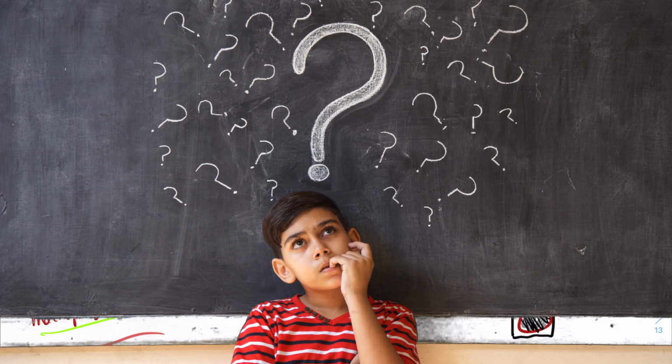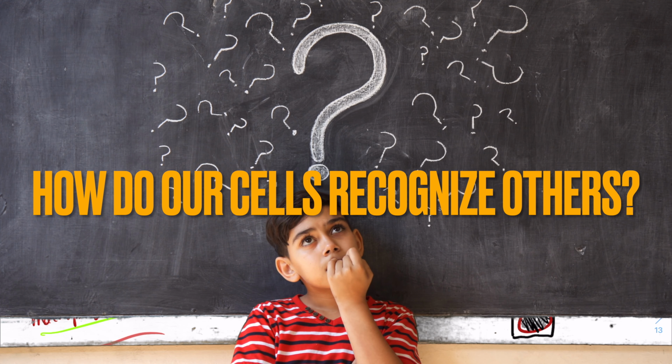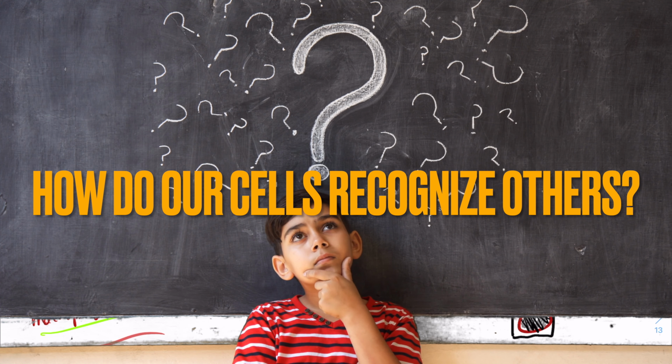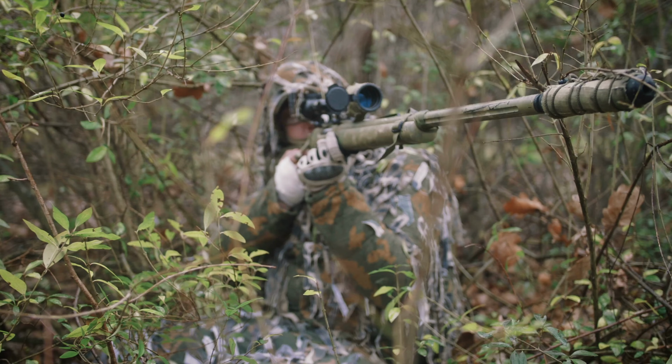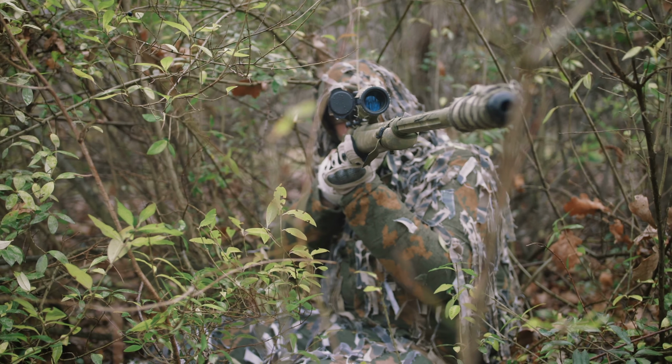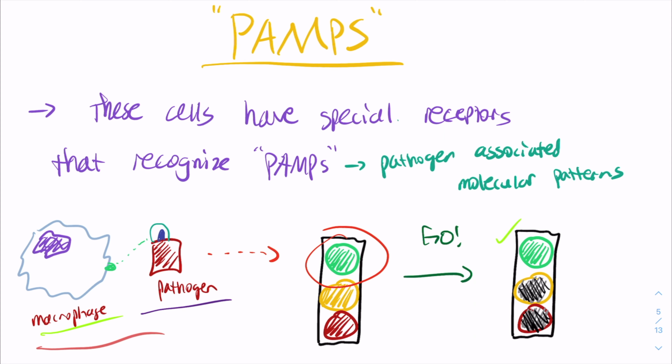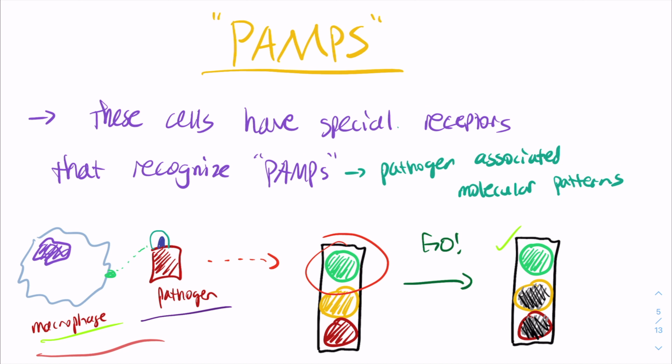So my second question is, how do cells recognize other cells and figure out if the body should attack a cell or be friendly? That happens because of these special receptors that our cells recognize called PAMPs. PAMPs is an acronym.